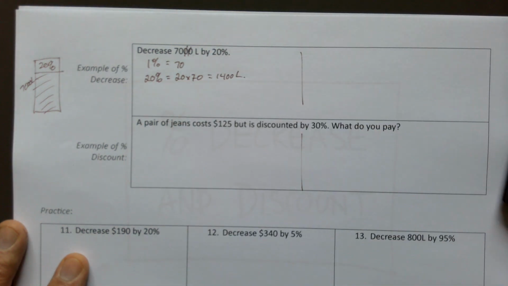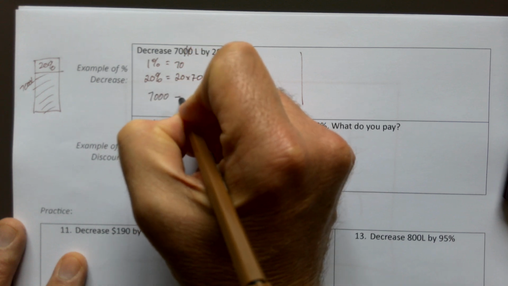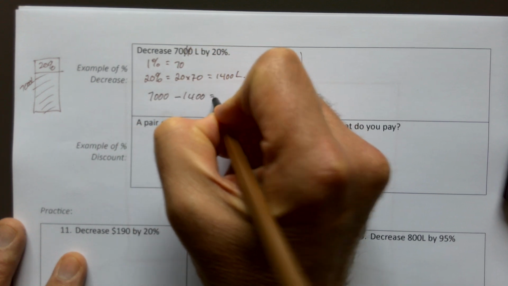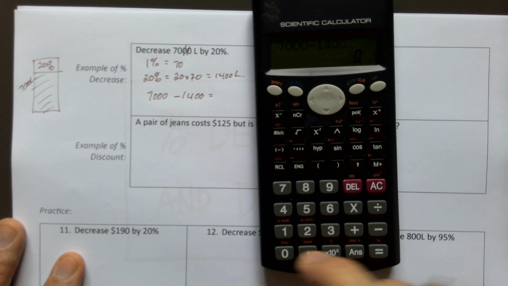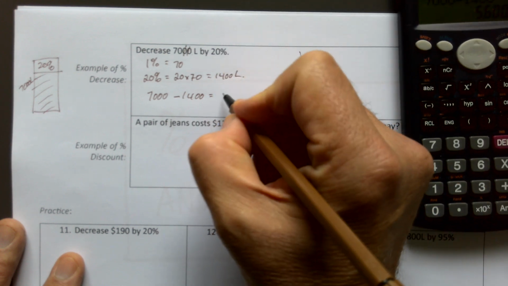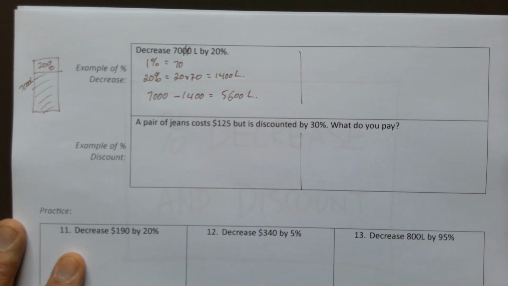So it's lost 1,400 litres because it's decreased, heading down. So it's dropped by 20%, which means it's gone down by 1,400 litres. So what's actually there? That's 7,000 minus 1,400: 5,600 litres. So that's what's left.